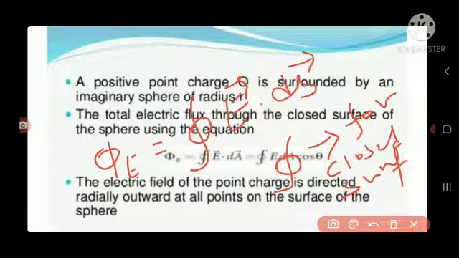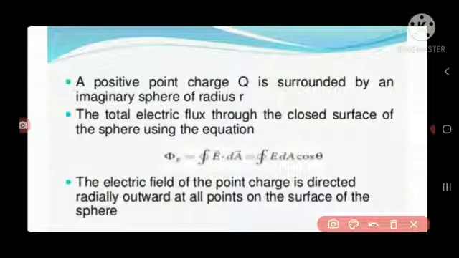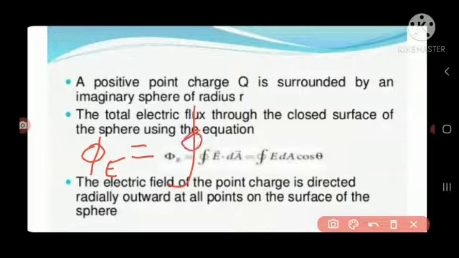Okay. So according to Gauss theorem, the total flux over a closed surface phi E is equal to the integral of E dot ds.